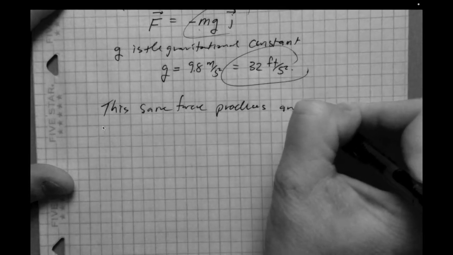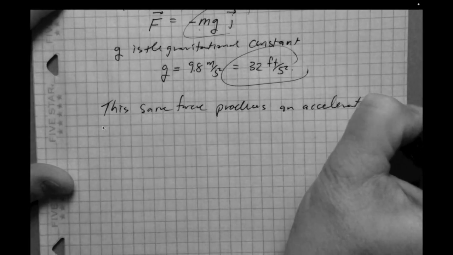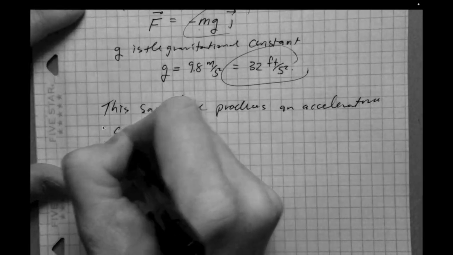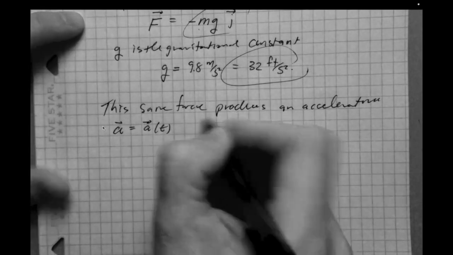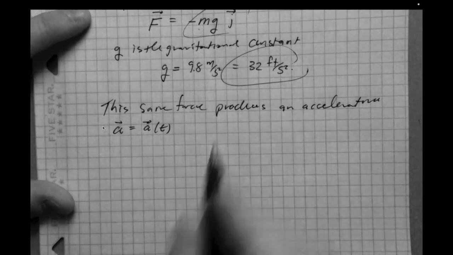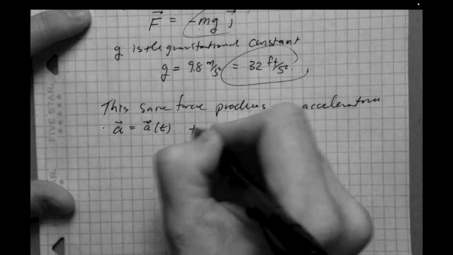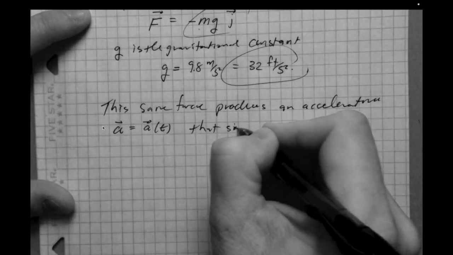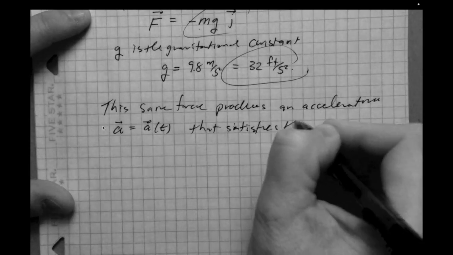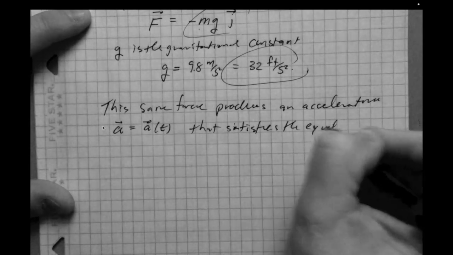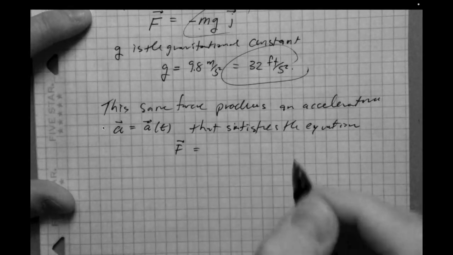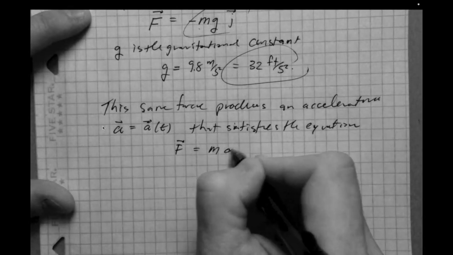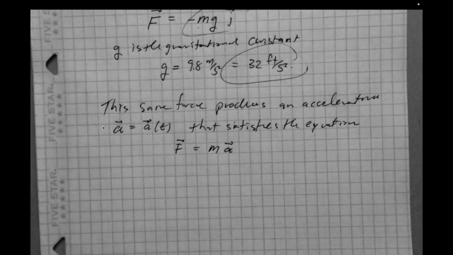We'll just call it a, some function of t, that satisfies the equation. All right, here's the important part. The equation is F equals m times the acceleration. Mass times acceleration is the force, right?